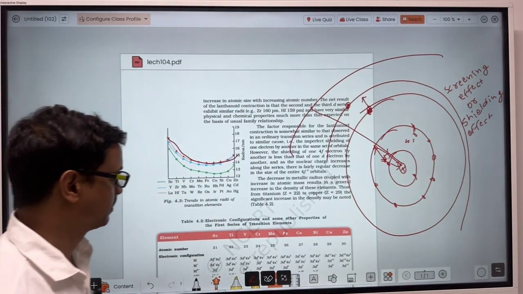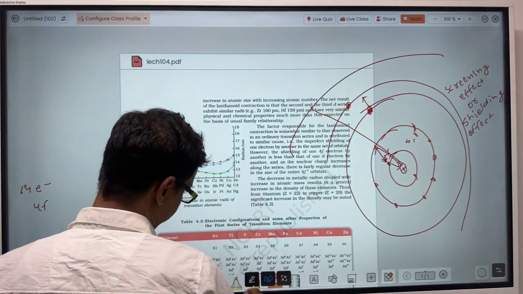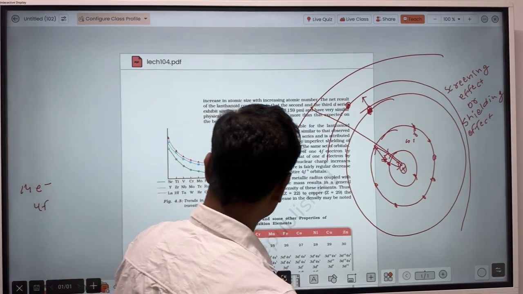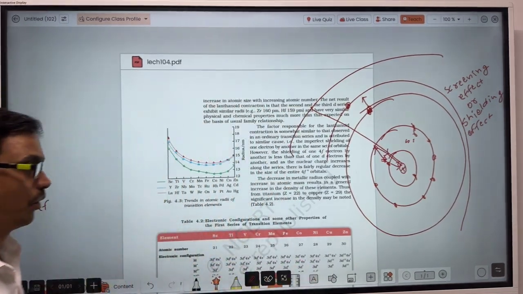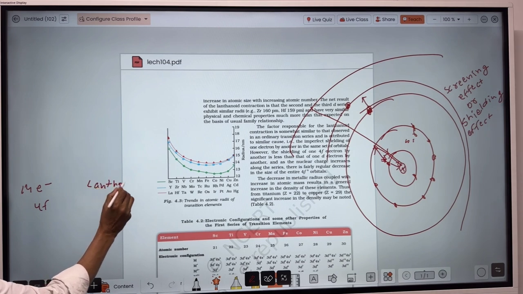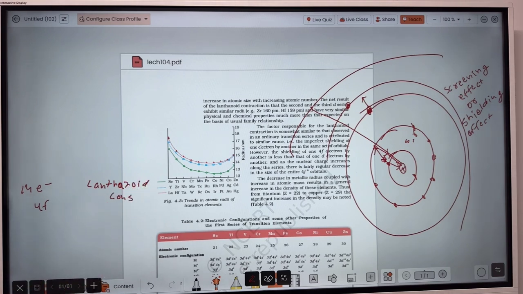So a question in the examination may ask why the elements of the 5d series have approximately the same atomic radii as the 4d series. If in the examination you do not have time, simply write: due to lanthanoid contraction, which is due to the presence of electrons in the 4f orbital.